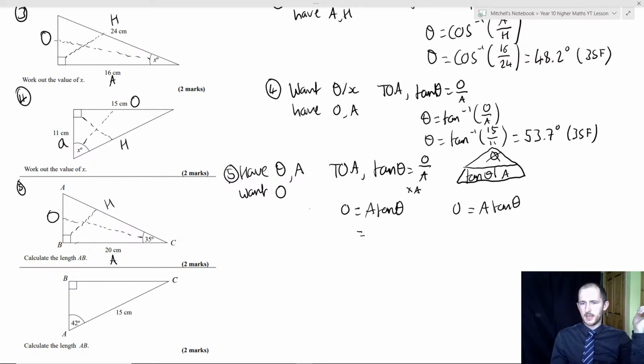If we substitute that in, adjacent was 20, and then theta was 35 degrees. So 20 tan 35. Again, we're not doing the inverse tan. We get 14 to 3SF. That's it. Technically, we should put centimeters here as well.